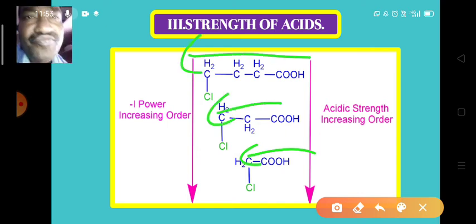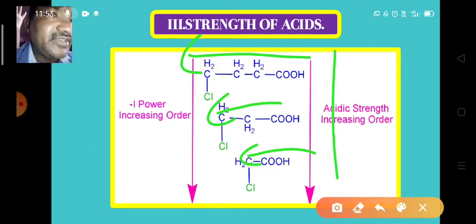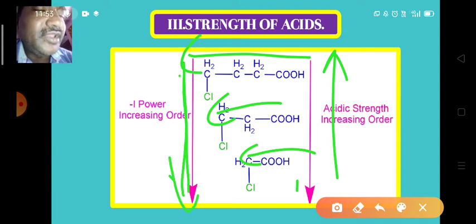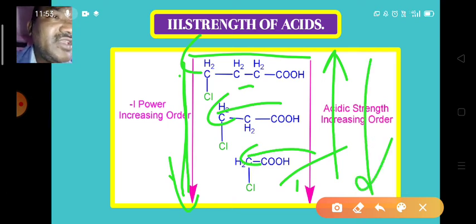That means the minus I effect decreases. As a result, acidic strength also decreases from chloroacetic acid to butyric acid. Otherwise, you can think in the reverse manner also. Here, minus I power increases as the distance of the chlorine decreases from butyric acid to acetic acid. Minus I power increases. As a result, acidic strength also increases. We can convey it in both ways.